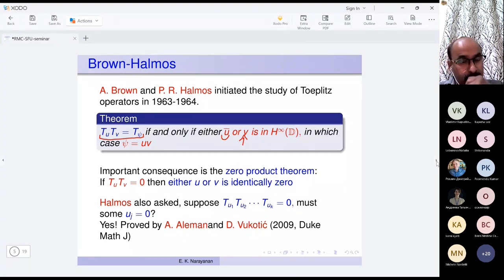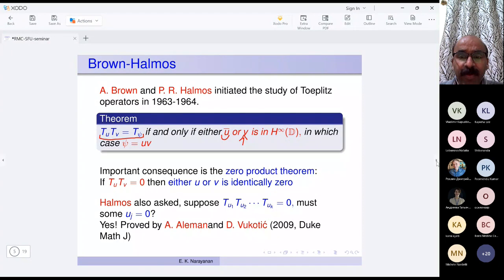So when we define Toeplitz operators, remember that we started with arbitrary L infinity functions, right? Now the conclusion is very strong: u bar or v should be holomorphic and it should be bounded. Of course, the boundary values are bounded and so on.